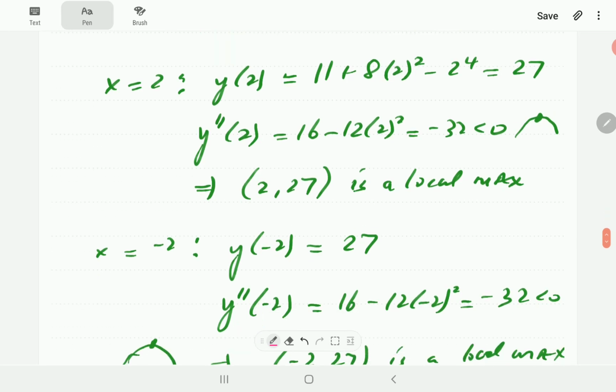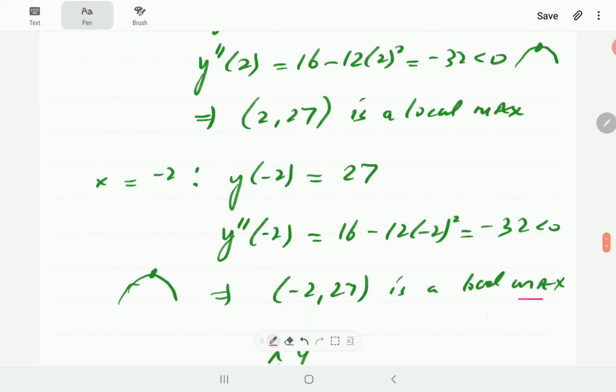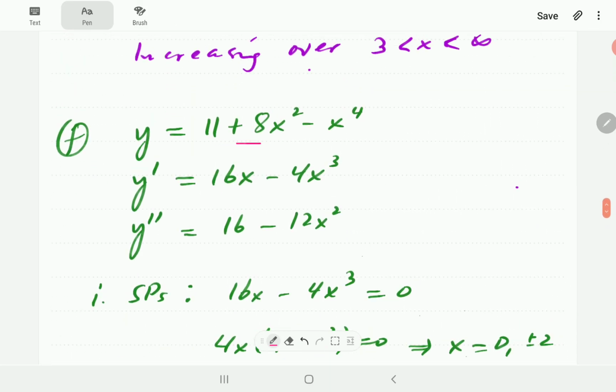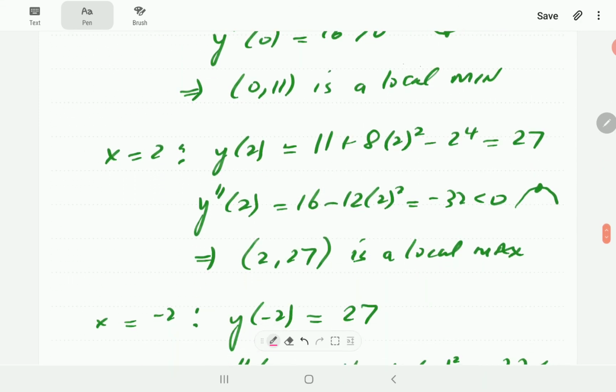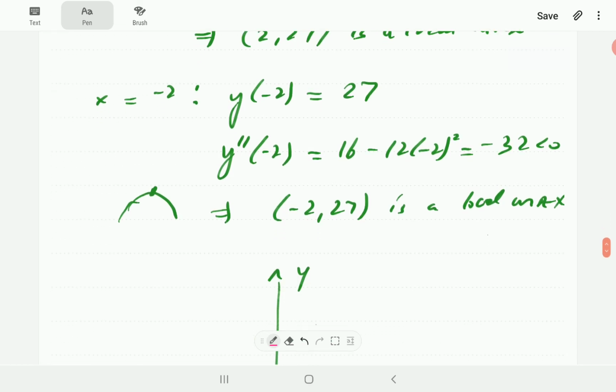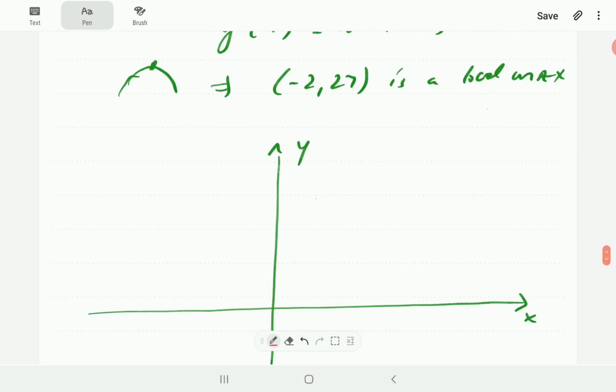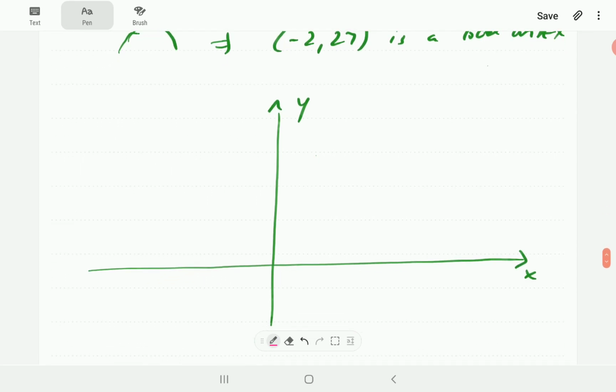The values for negative 2 are identical to the values for 2, so we've got another local maximum there. This is because our function is an even function. You can see we've got only even powers of x here. So we expect the graph to be symmetric about the vertical axis.